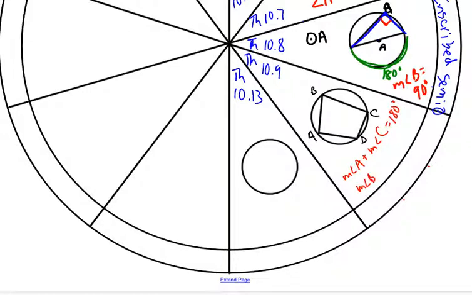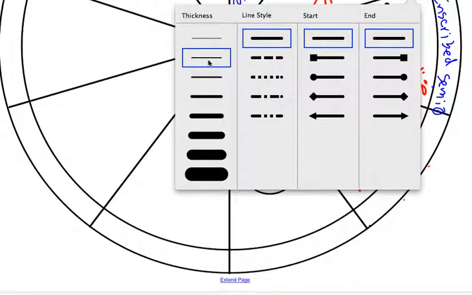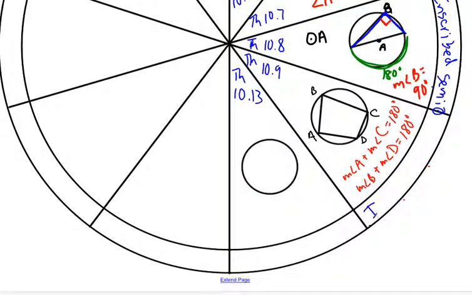And angle B plus angle D is equal to 180 degrees. Inscribed quadrilateral.